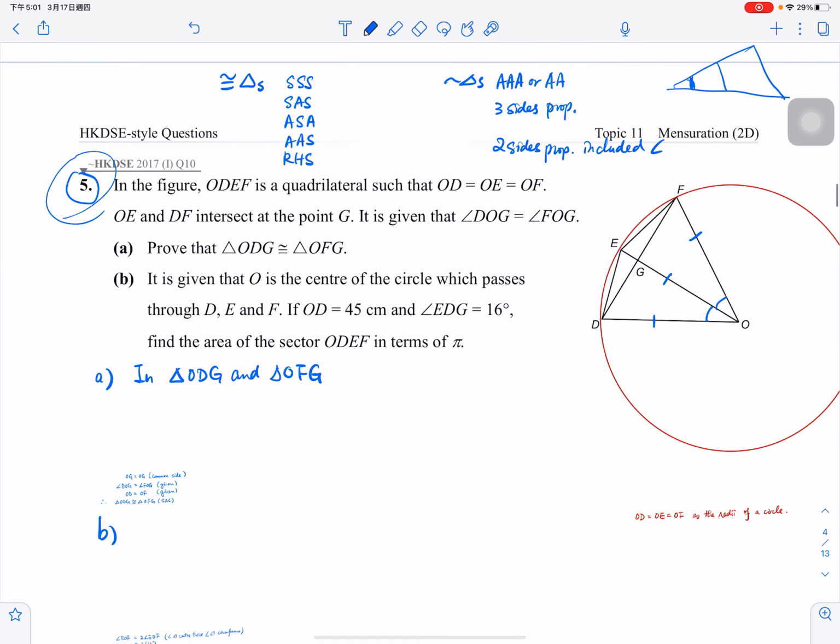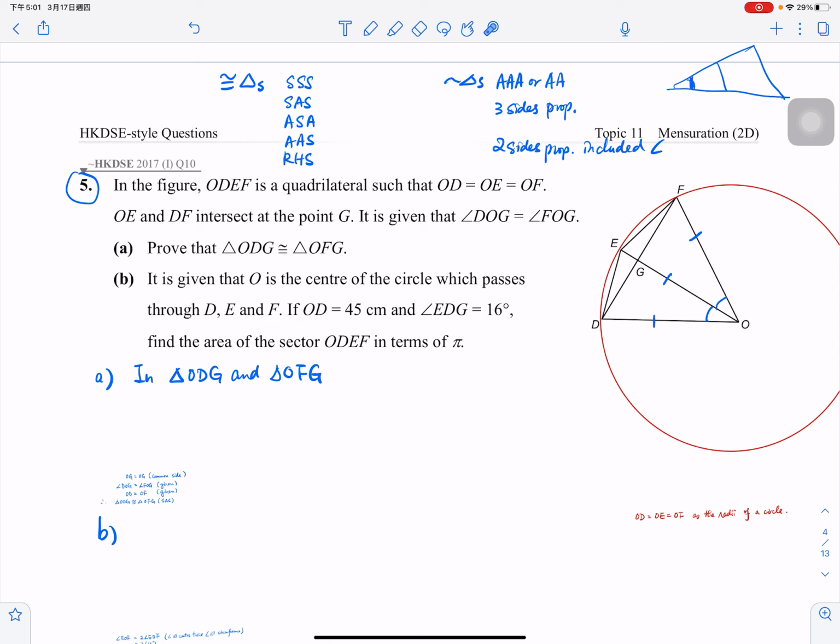So in question 5, how to do it? It asks you to prove this one, so think about this. Triangle ODG, this one, and triangle OFG, this one, okay? How to link them up?